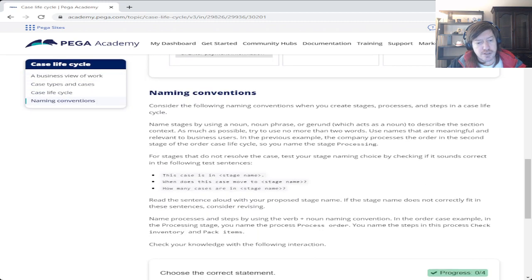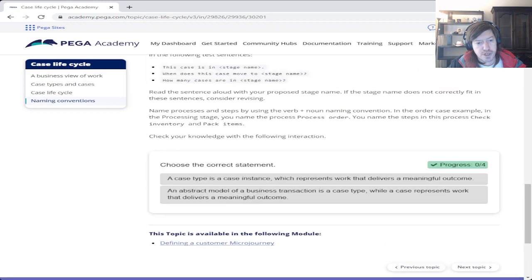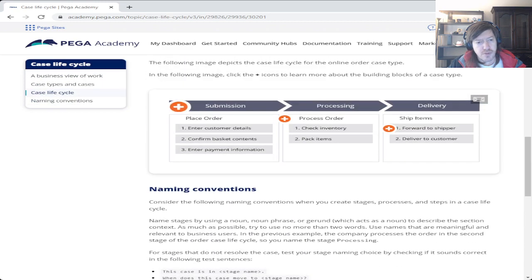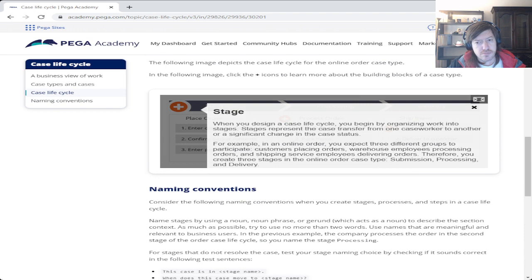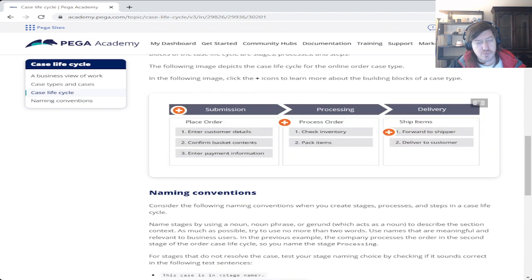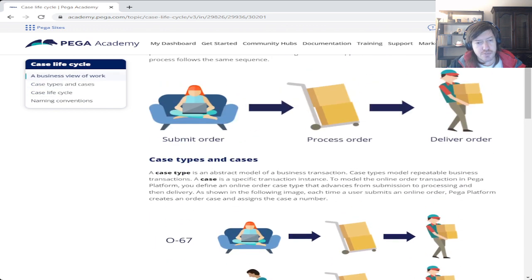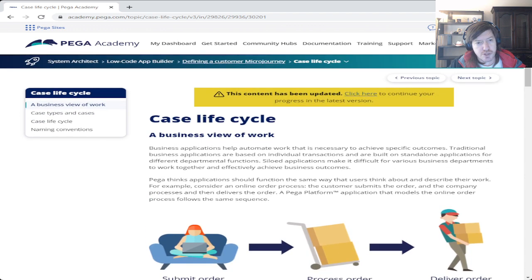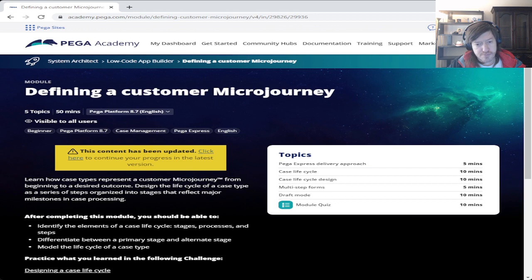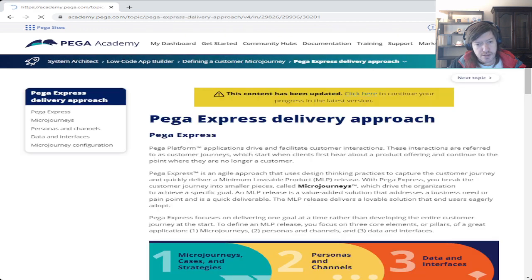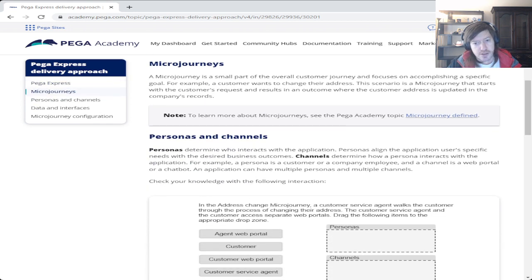Now, one of the things that I was kind of curious about: we had some additional articles that were given to us about the Microjourney, and I said that we would have to hold off on that. There it is, Microjourney defined.